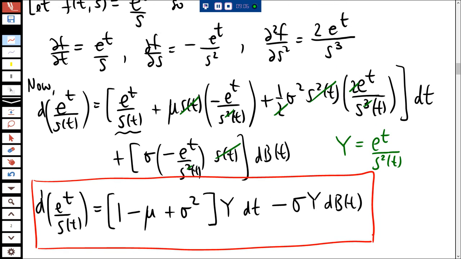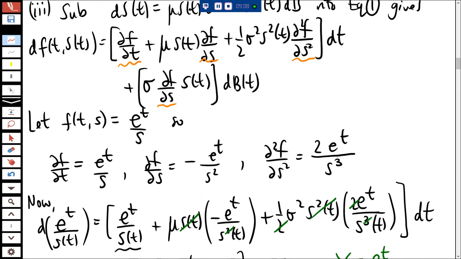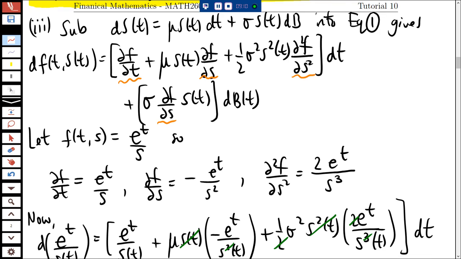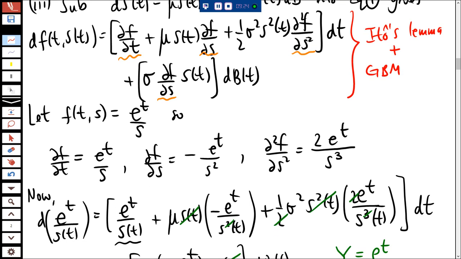Let's just quickly review what we did. We built this equation from Ito's formula, or Ito's lemma, plus the geometric Brownian motion. We studied the case where f was equal to e to the t over s because it matched the process in the question.